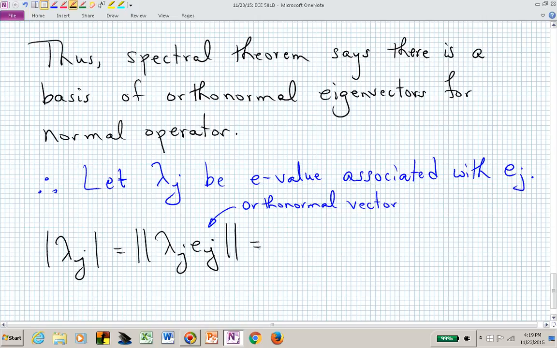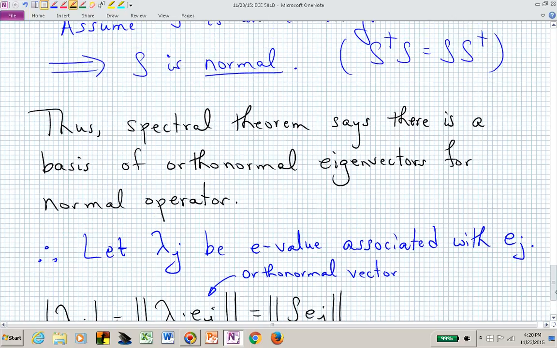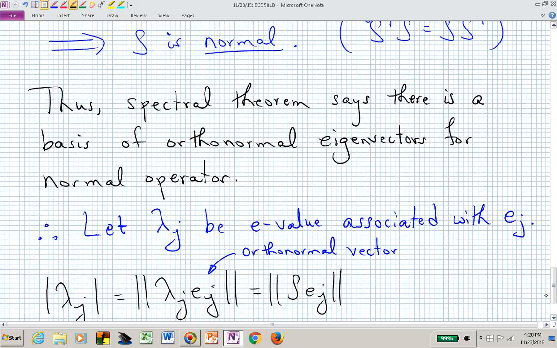But now that we have lambda sub j E sub j, that's telling us that we're scaling this eigenvector by the eigenvalue, and that's exactly what the operator times that particular eigenvector gives you anyway, meaning this is equal to S E sub j. That's the definition, and we are assuming that E sub j was the eigenvector associated with lambda sub j.